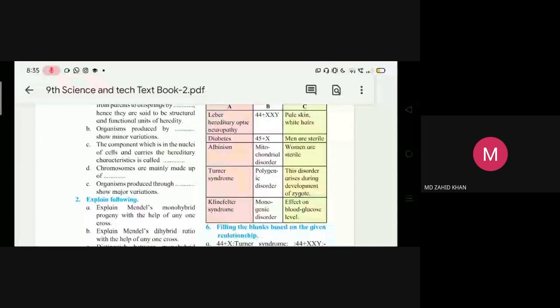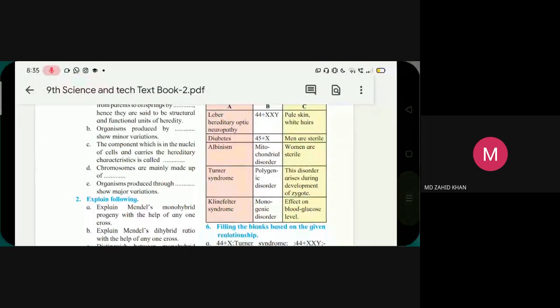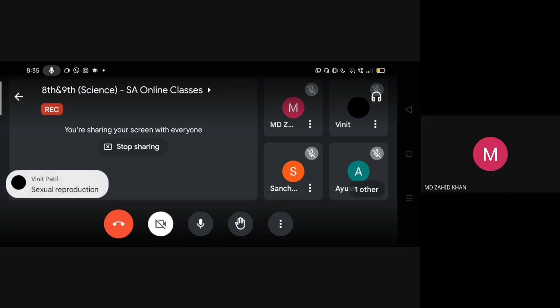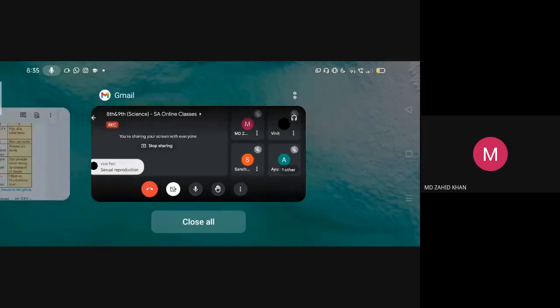Organisms produced through dash dash show major variations. Sexual reproduction.